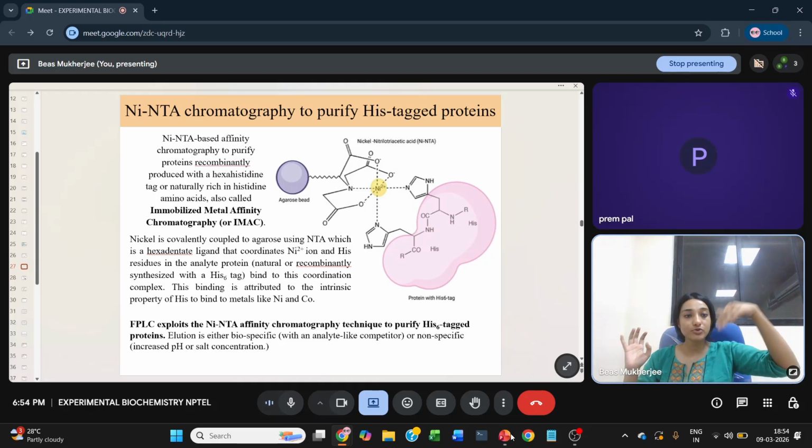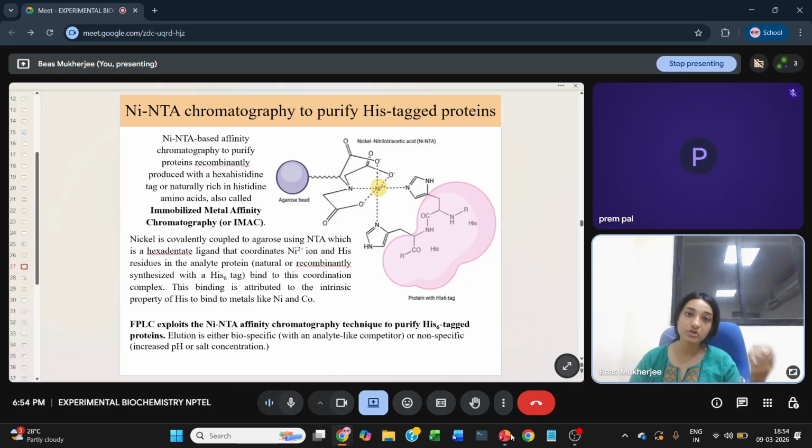When all the proteins are flown through, all the other proteins come out first in the flow through. Then when you add a buffer with a very high amount of imidazole, which is the side chain of histidine, these imidazole groups bind to the nickel and our protein of interest elutes.